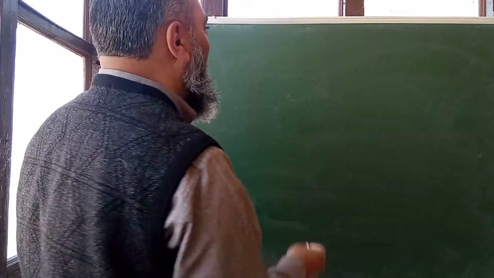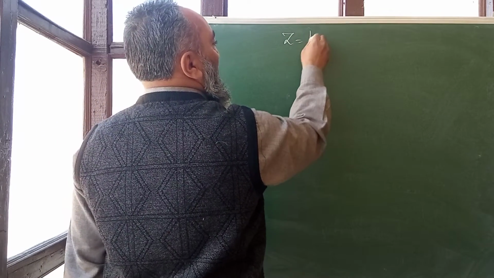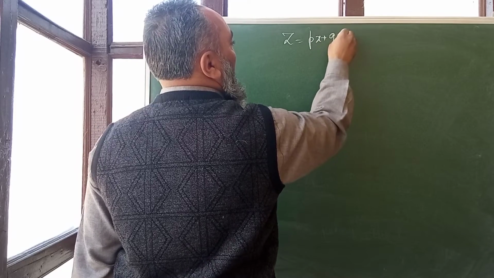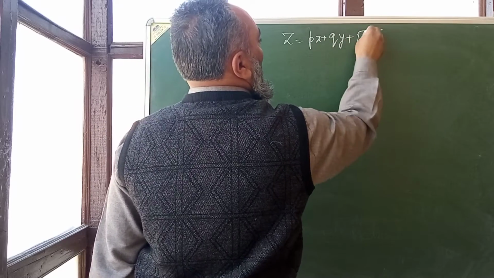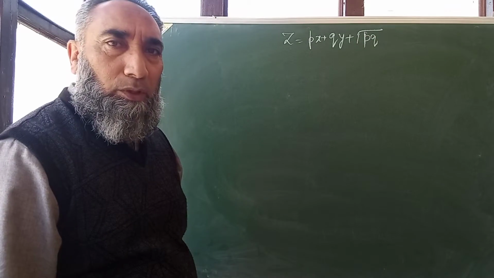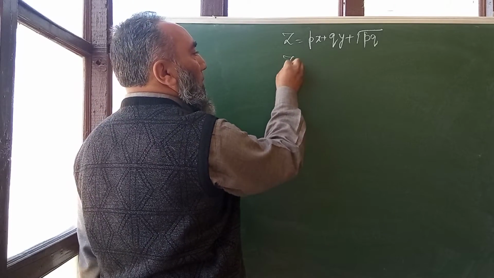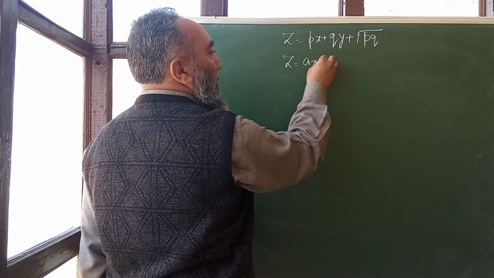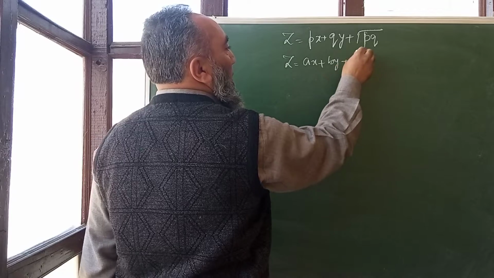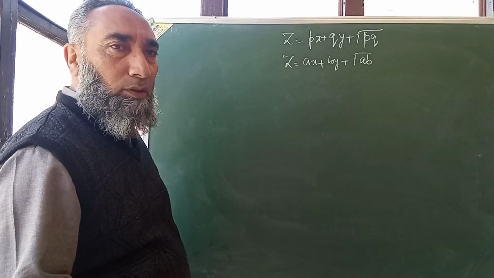Now, the first one is very easy. If you take standard form 1, z = px + qy + under root of pq. This is of the form z = px + qy + function of (p, q). So the complete solution is given by z = ax + by + under root of ab.